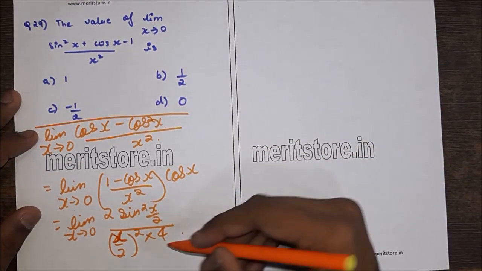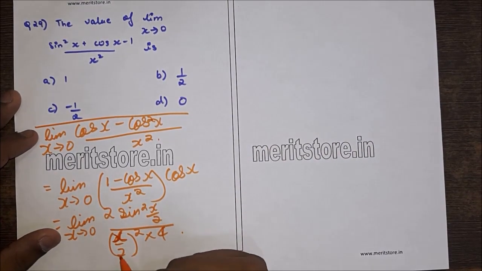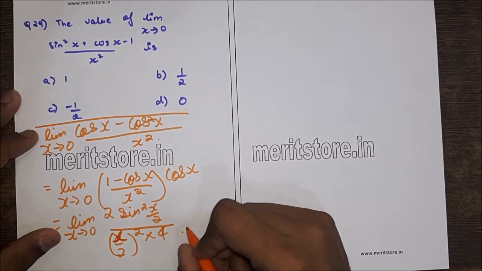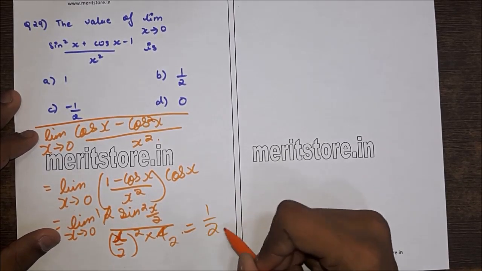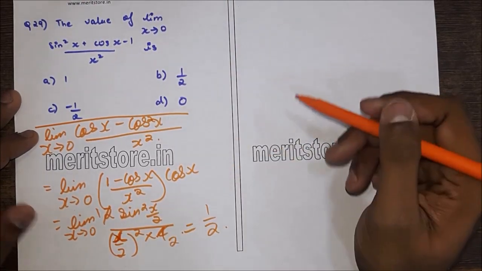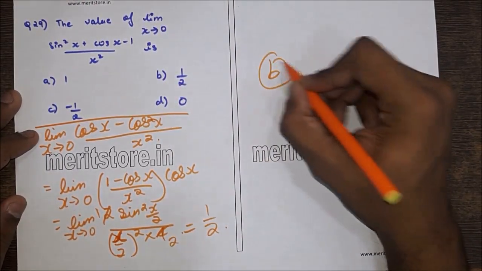So therefore, on applying the limit x tends to 0, we get 1 by 2, which is the constant left out, which is the option B.